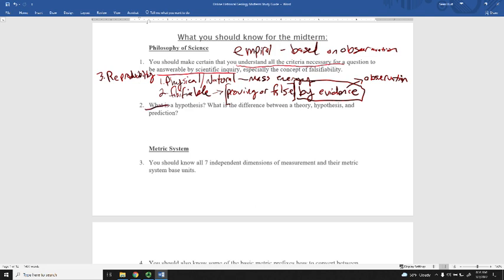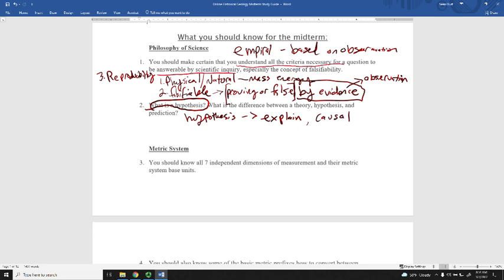So another question that I ask on the test is about hypotheses versus predictions versus theories. So let me kind of delineate what all these different things are. So first of all, we can start with a hypothesis. A hypothesis is something that seeks to explain. So it always is trying to explain something about nature. So it's a kind of explanation, and it's often causal.